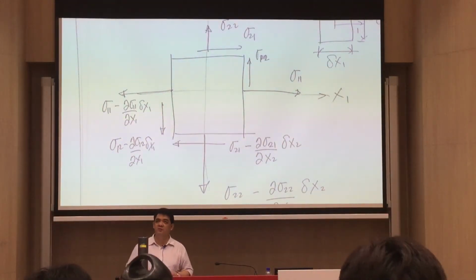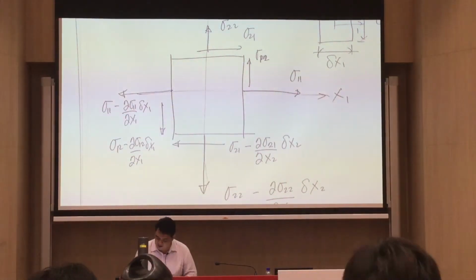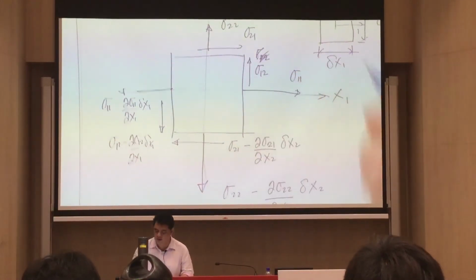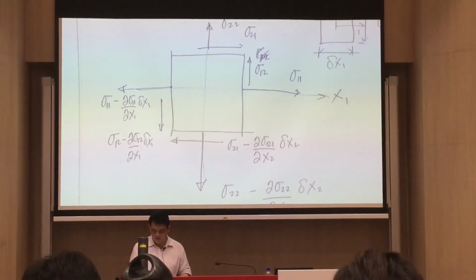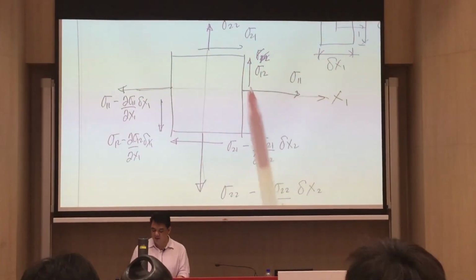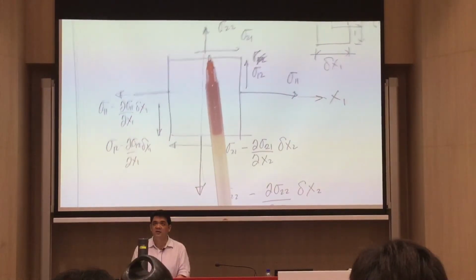So as you can see, we're putting now sigma 1,1, sigma 1,2. Let me try to make this one clear. So we have sigma 1,1, sigma 2,2, sigma 1,2, sigma 2,1.